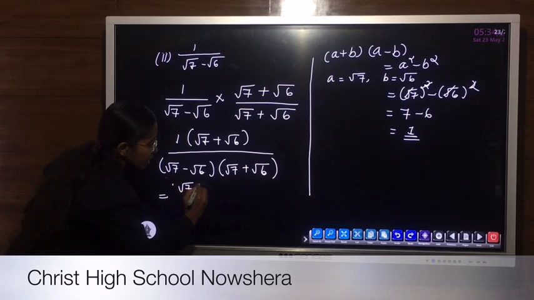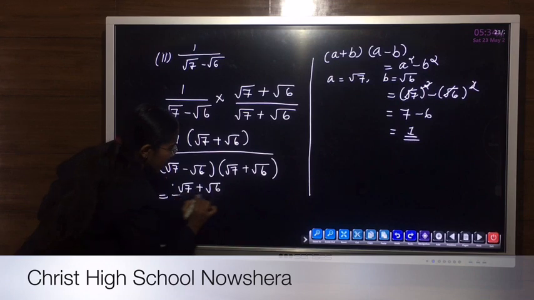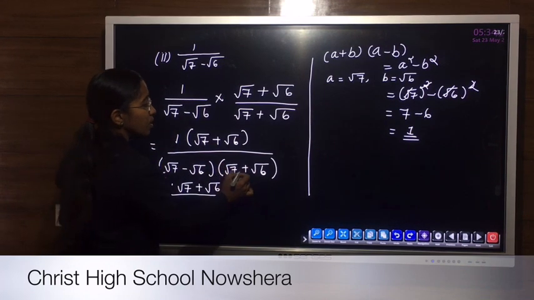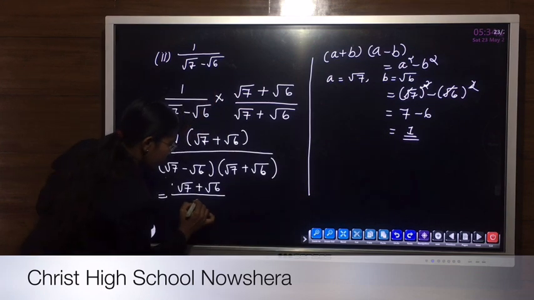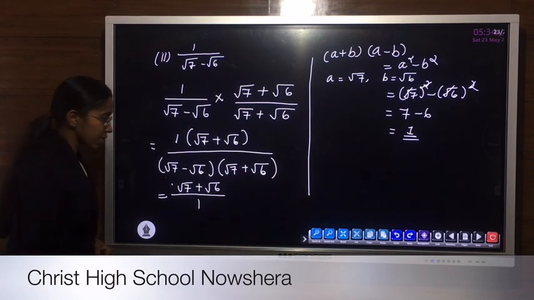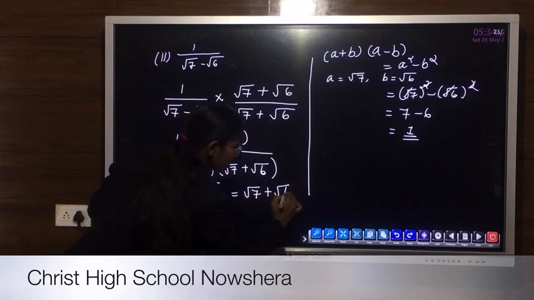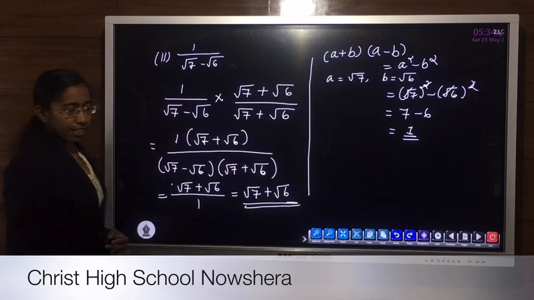That is root 7 plus root 6 divided by, what is the value of this one? Root 7 minus root 6 into root 7 plus root 6 is 1. That is root 7 plus root 6 divided by 1, equal to root 7 plus root 6. So this is the answer.